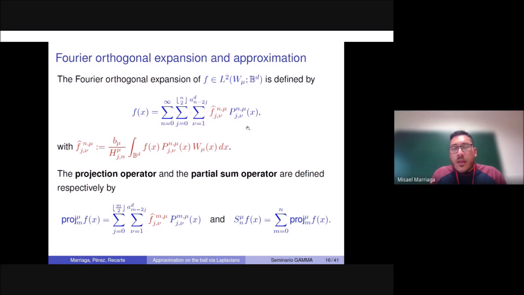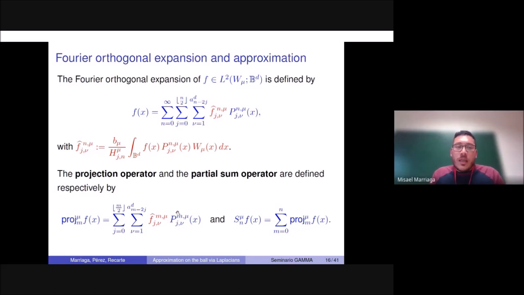And one thing that we can notice here is that if I take these two summations, what they are doing is basically projecting the function into the space of orthogonal polynomials of a certain degree. Therefore I can define a projection operator by taking this part of the series. So this takes any function in L2 and projects it into the space of orthogonal polynomials of degree m.